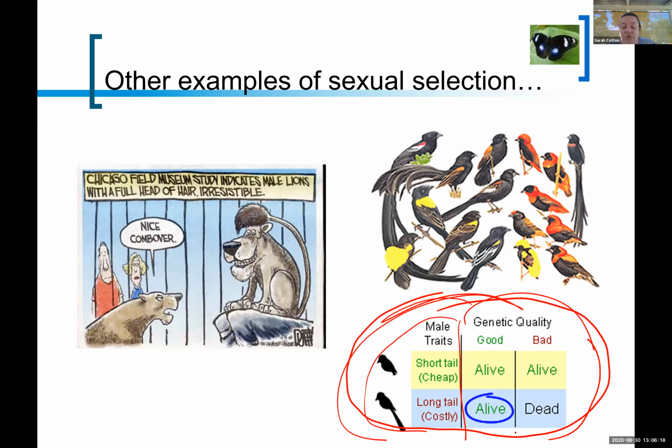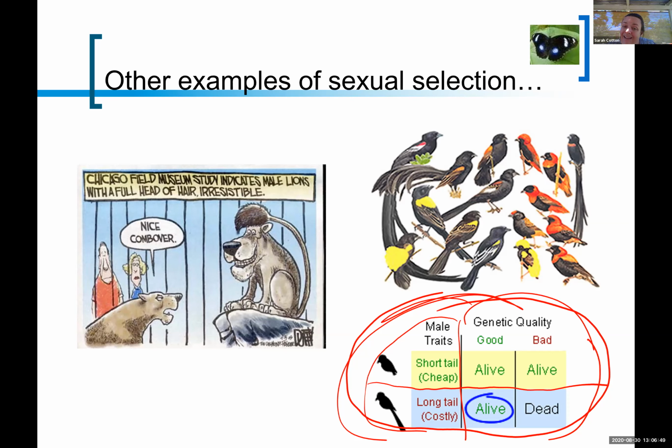From a female's perspective, if she is interacting with a male that has a short tail, it doesn't really matter whether his genetic quality or fitness is likely to be high or not, because he's not going to be subject to extreme predation as much as somebody with a long tail.